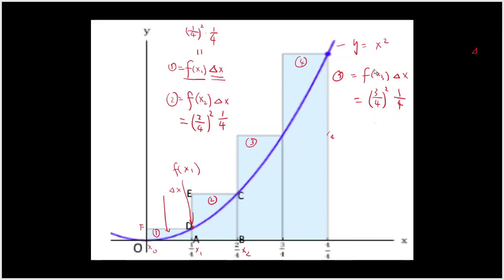The area of the fourth rectangle is computed using the value of the function at x4, which is actually the value of the function at 4/4 or 1, and then times delta x. Okay, and then 4/4 the whole thing squared, and then times 1/4.